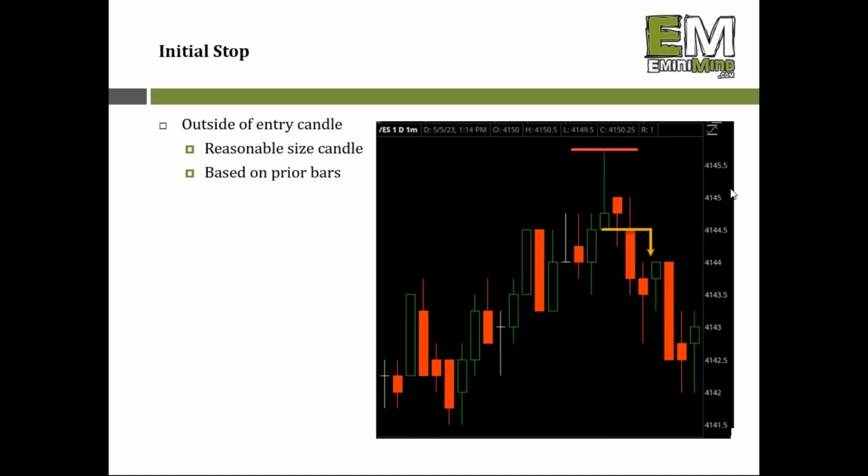So always placing the stop outside of the entry candle, which at first might seem like, okay, well, if the candle's 4 points and I got 1 tick for entry, 1 tick for stop, that's a 4.5 point risk. And there's a couple things that you can do to manage the trade when it's going your way.